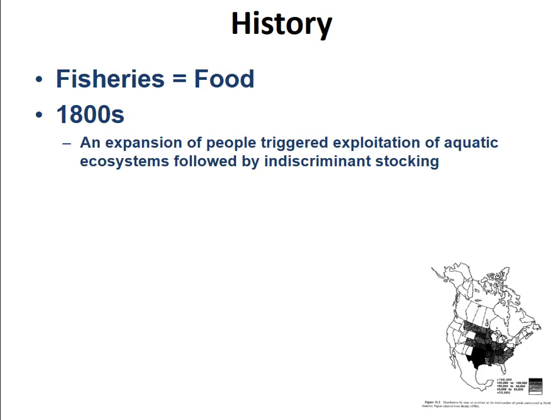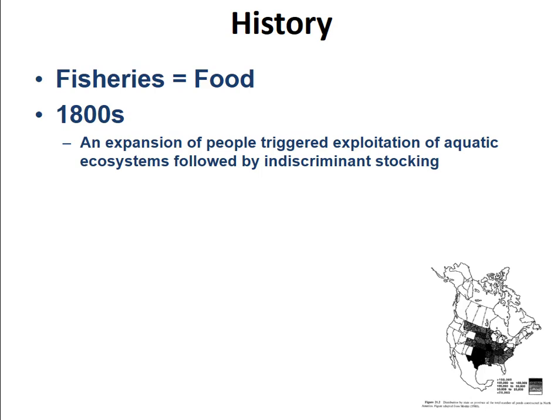So during the 1800s, as people moved from east to west across North America, there was a major exploitation of aquatic ecosystems where people took what they could for food and to provide nourishment for people as they traveled, followed by indiscriminate stocking.